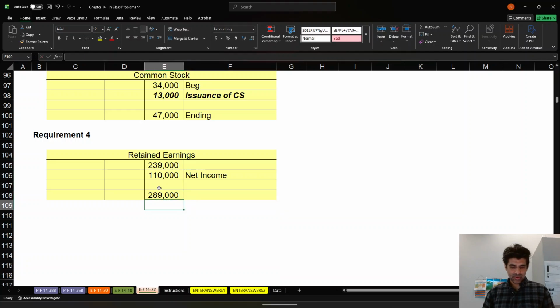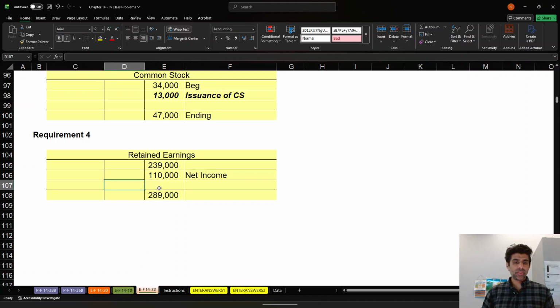If we just had that, we need some kind of debit, because if we just had these two, our balance would have been 349,000, but that's not right. Our ending balance we know is 289 because we have the balance sheet.